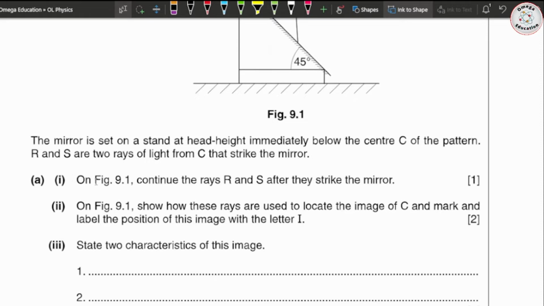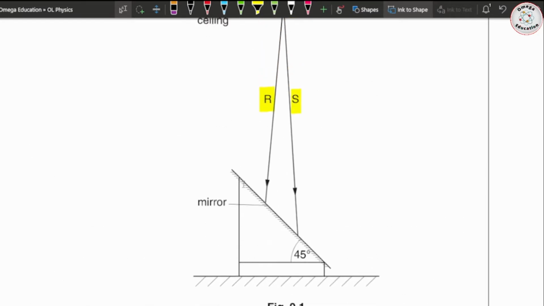First part says, on figure 9.1, continue the rays R and S after they strike the mirror. So we all know as the rays strike the mirror, they'll undergo reflection. So what we have to do is complete the path of the rays as they're reflected.